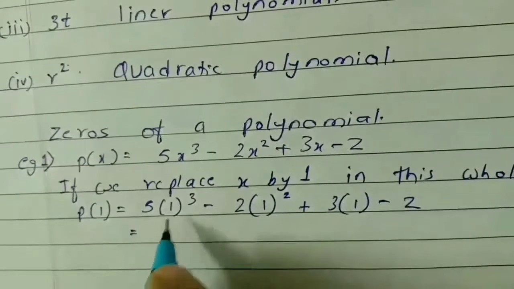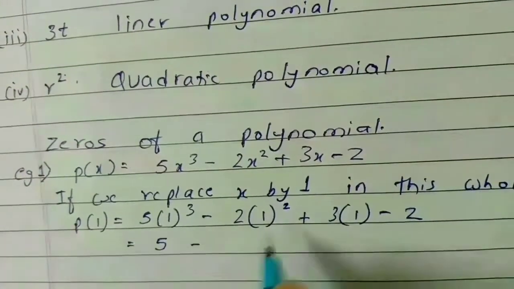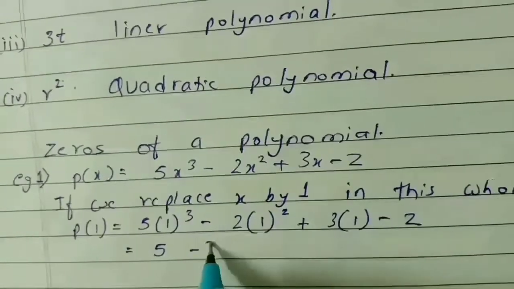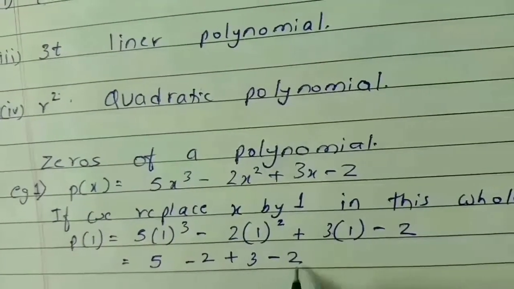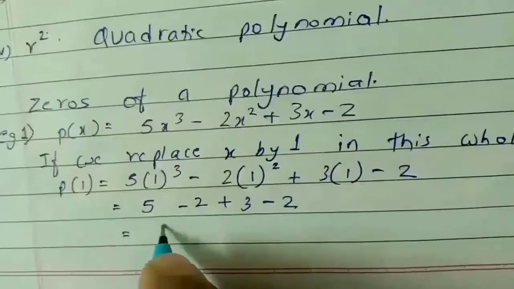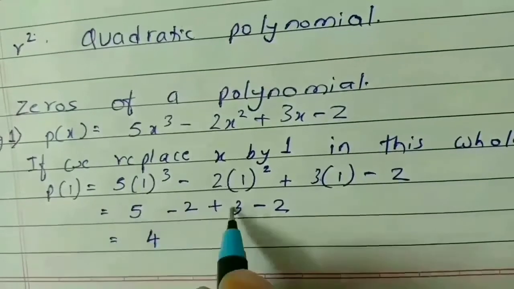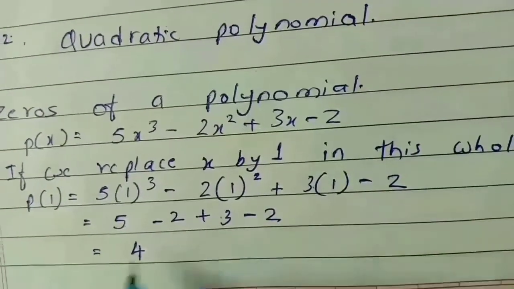So this will be 1 cube is 1, so 5 ones are 5. 1 square is 1, so 2 ones are 2. 3 ones are 3 minus 2. So if you solve this, you will get 4. 5 plus 3, 8. 8 minus 2, 6. 6 minus 2 is 4.